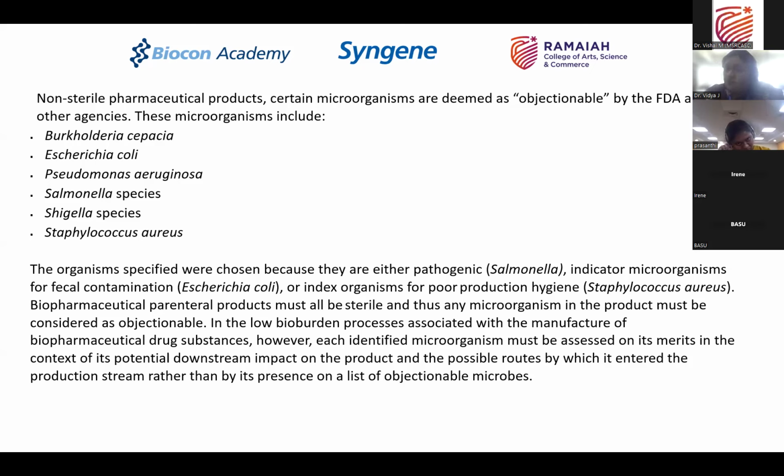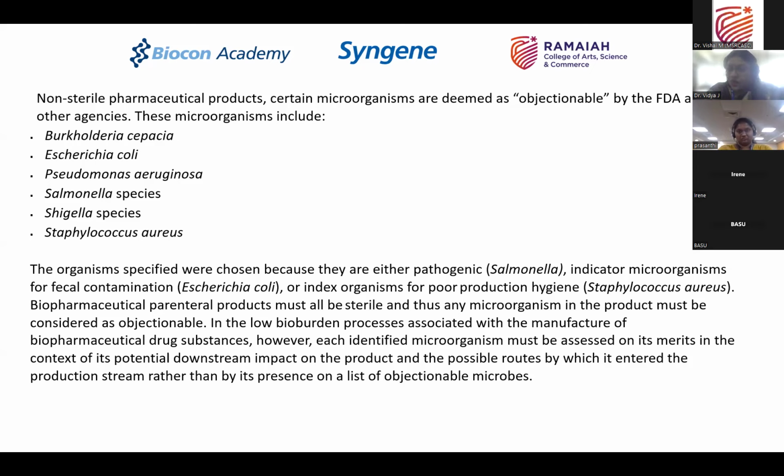You have a number of species, subspecies, and a number of variants of all these. So you need to know the colony characters of all these microorganisms. Whoever is into environmental monitoring, these are the organisms which you can find as common pathogenic contaminants. These organisms have their own features.